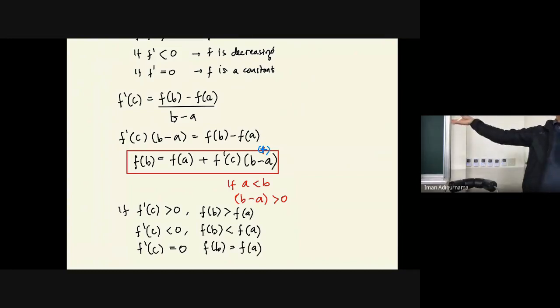So based on these tools, you may have many expressions from the functions. You can have random functions, maybe quadratic, polynomial, trigonometric functions, and you want to prove some arguments in mathematics. You can always use this mean value theorem as long as you get at least either a or b, at least one. You can still use this formula.